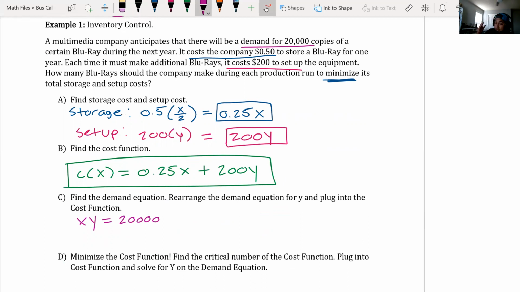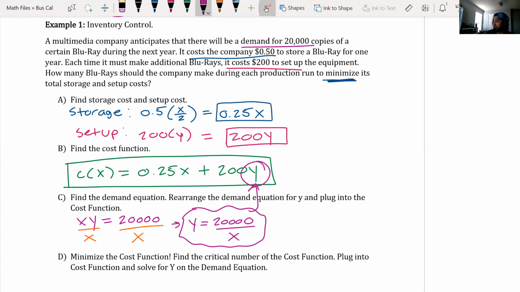Now just go ahead and solve this equation for Y, meaning if we divide by X, we divide by X, we're going to get Y equals 20,000 over X. There's my sub. And we're going to plug that in for that value of Y.